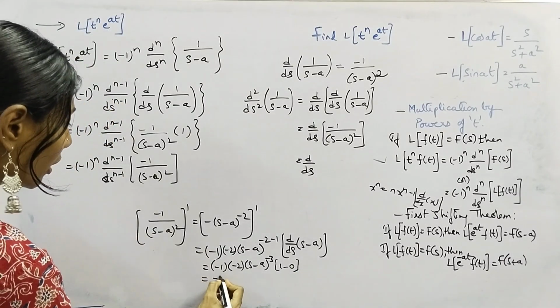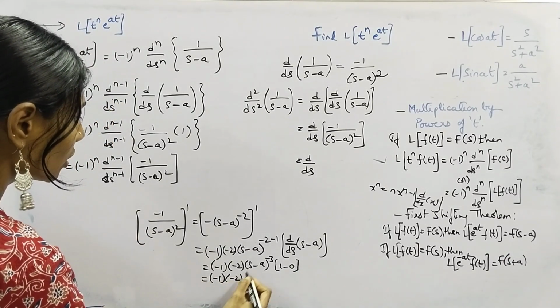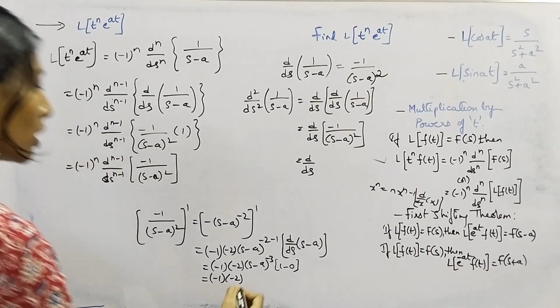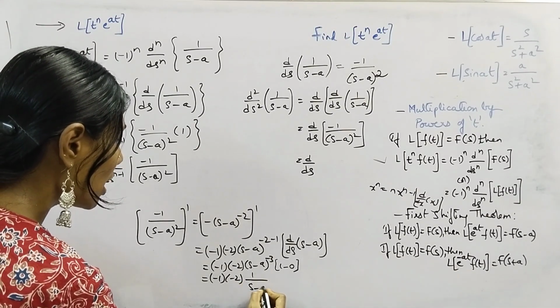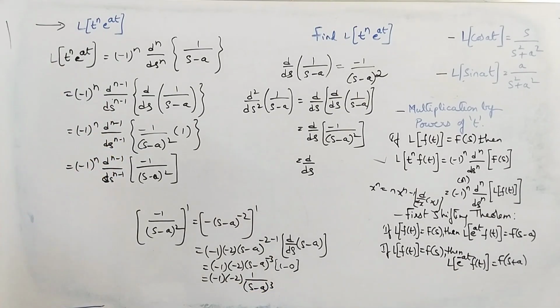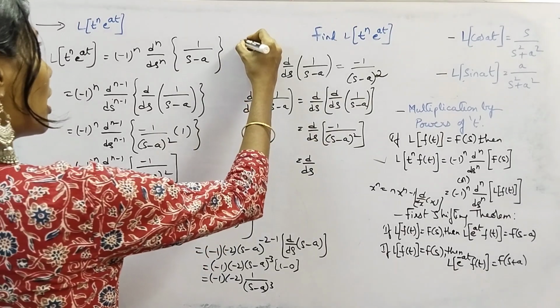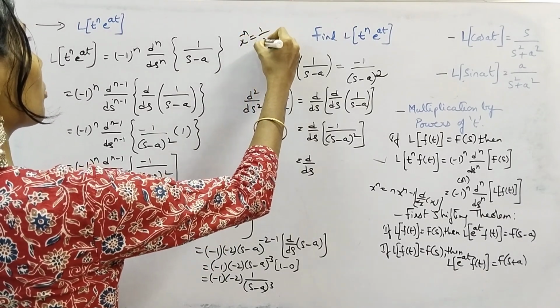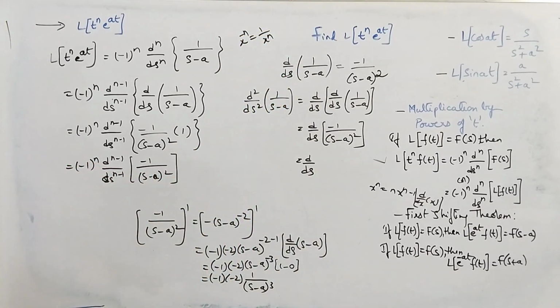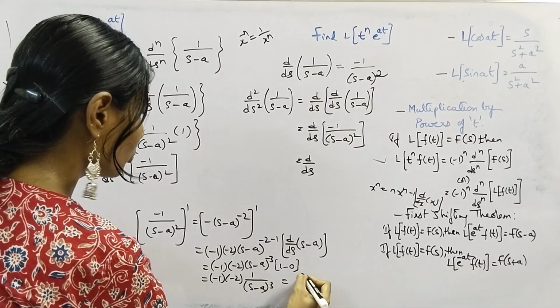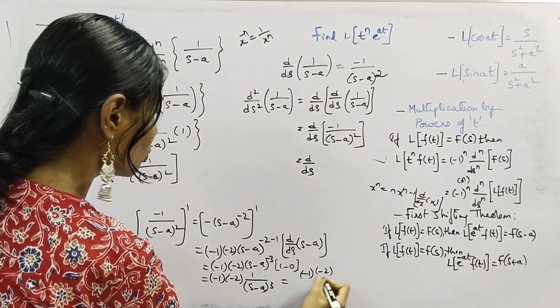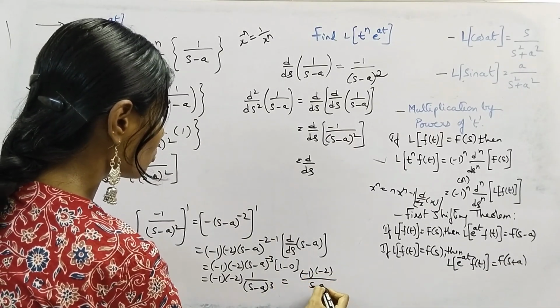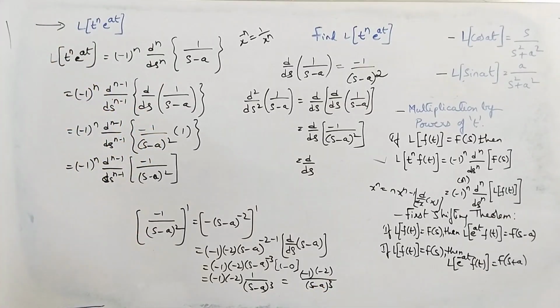This gives us minus 1 into minus 2 into (s minus a) power minus 3, which can be written as 1 by (s minus a) whole cube, since x power minus n can be written as 1 by x power n. We all know this, right? So you'll get minus 1 into minus 2 by (s minus a) whole cube.